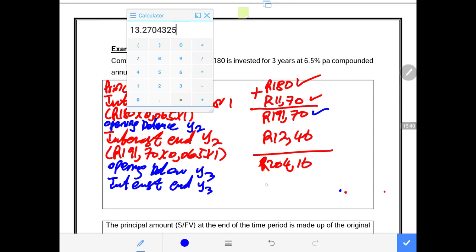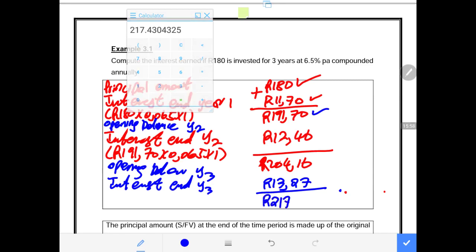It will give us interest of 13 rand 27 cents. Then we add that back to the capital that has increased in the past 2 years, 204.16. And this gives us 217 rand 43 cents.